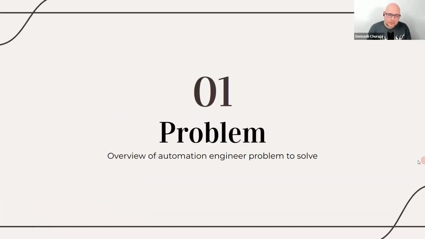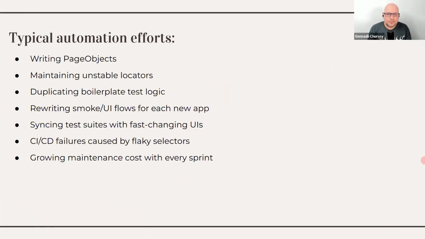So let's start. What are our problems here? Typical automation efforts, specifically for UI, have some things. First of all, we need to write page objects. I don't know about you, are you aware of current issues in automation?